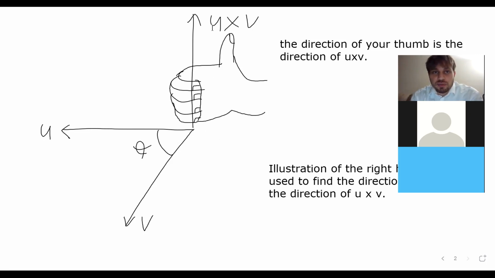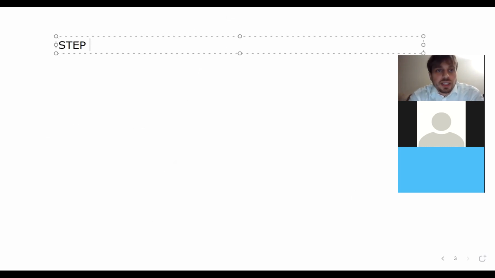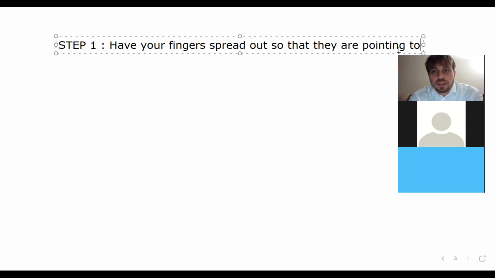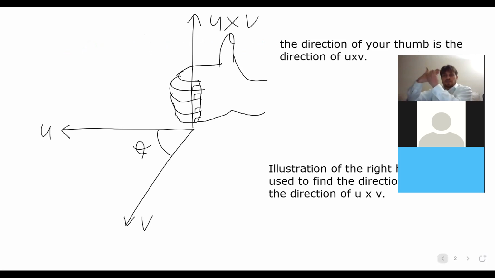So on the next slide, I'm going to write those steps so I don't screw up the picture. Okay, so step one: have your fingers spread out so that they are pointing towards vector u. You can have your fingers out and just in the direction of vector u.